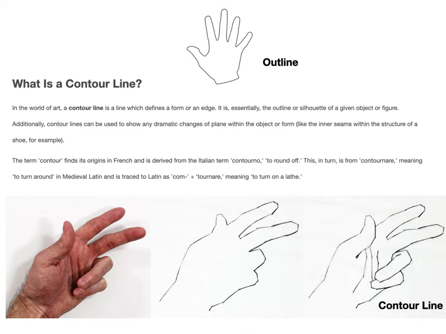And then we see the contour line, which shows us the areas which change the plane within the object or the form, like the inner seams within the structure of a shoe, for example. The term contour finds its origins in French and is derived from the Italian term contorno, to round off.